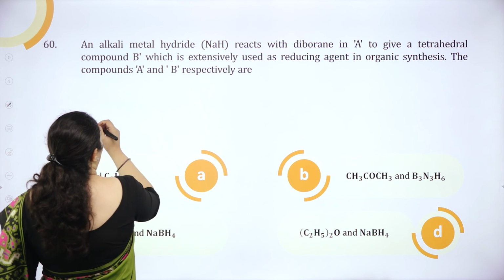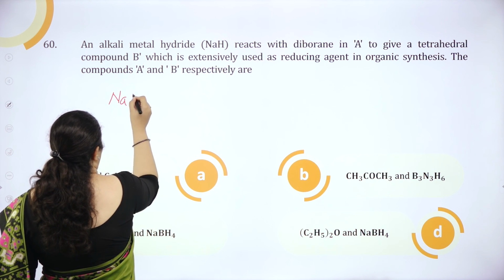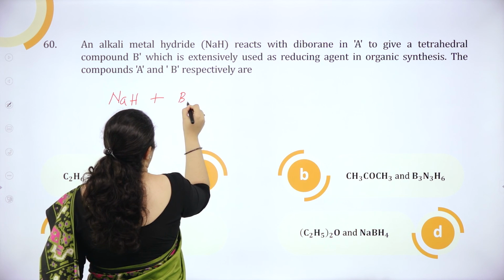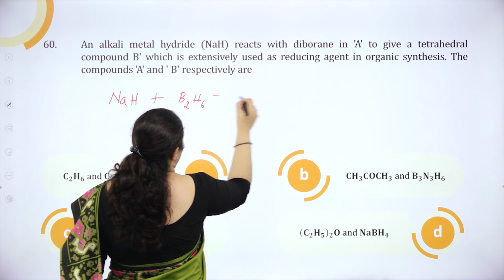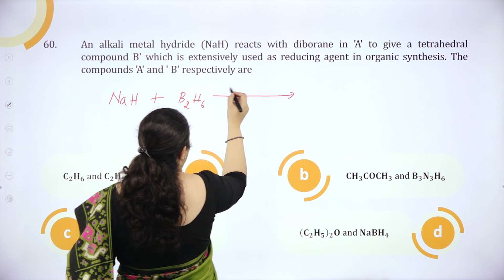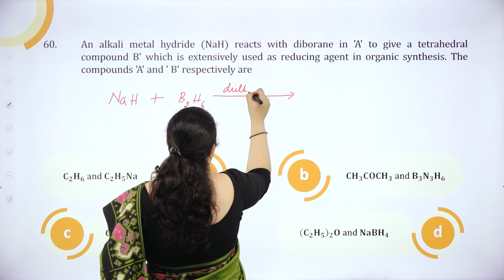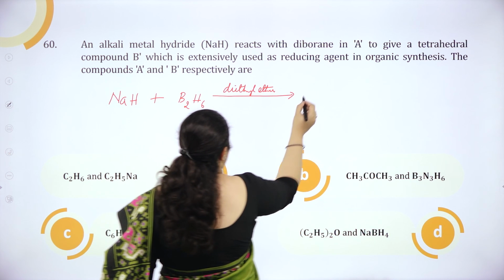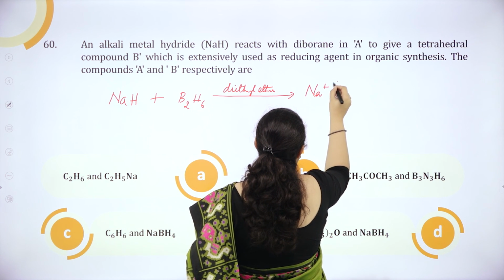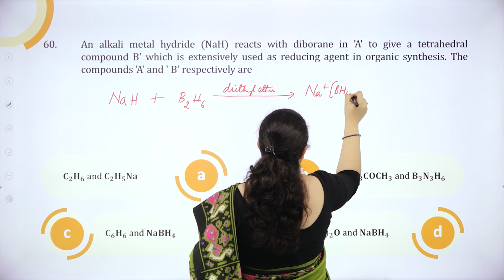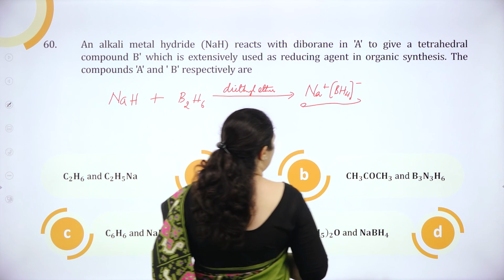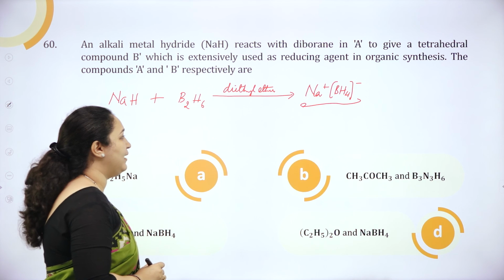Okay, metal hydride NaH, with diborane, that is B2H6. When it reacts in the presence of diethyl ether, we'll get Na plus BH4 minus. Okay, so this is the compound formed.